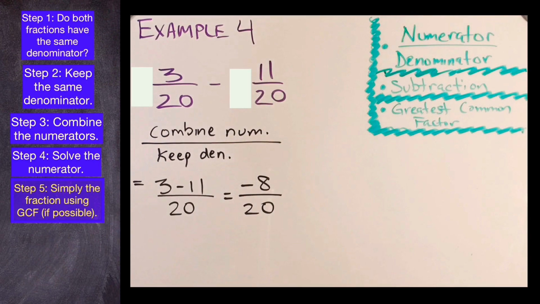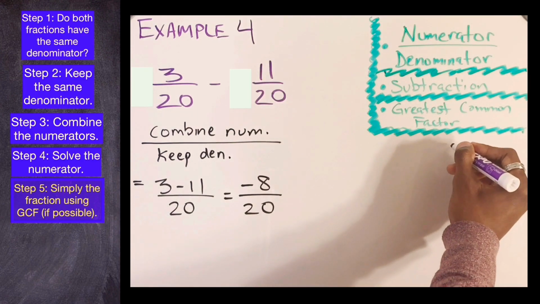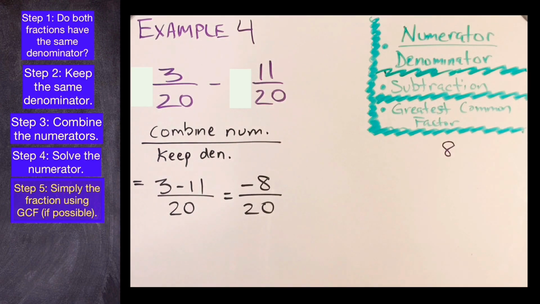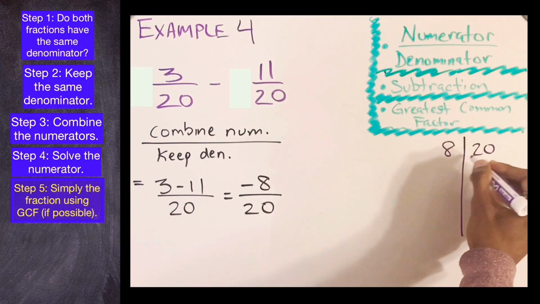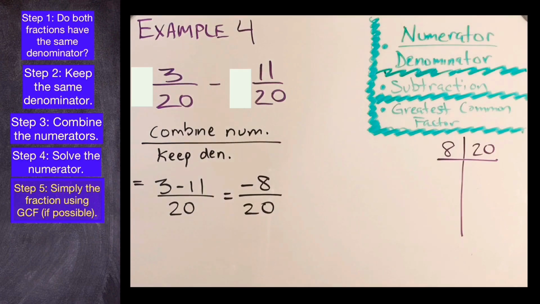I'm going to show you one quick way to find the greatest common factor of 8, which is our numerator, and 20. So let's say on the side, we made a quick table that has the number 8 that represents our numerator and the number 20 that represents our denominator.